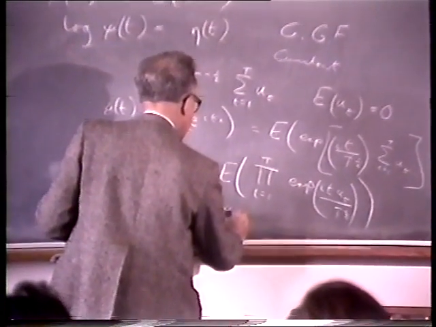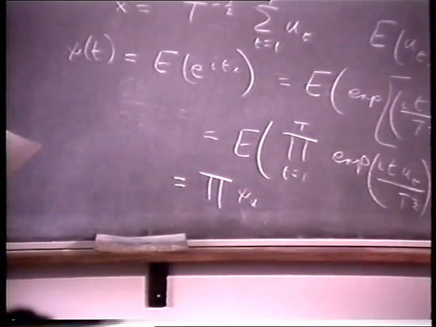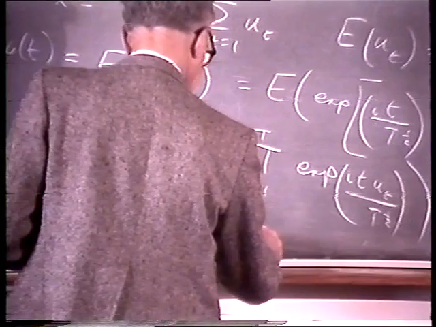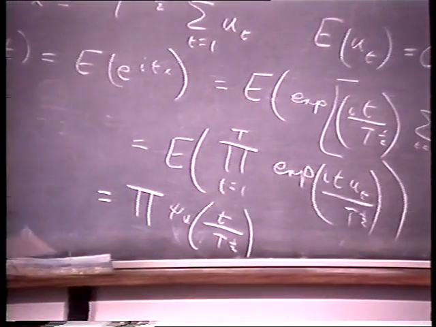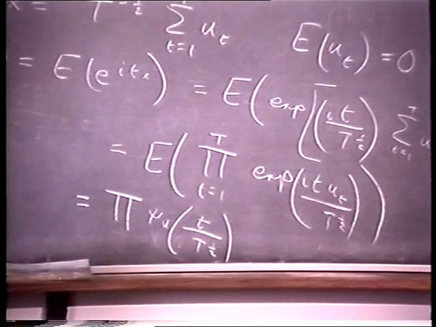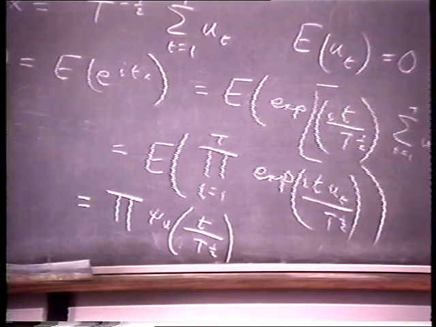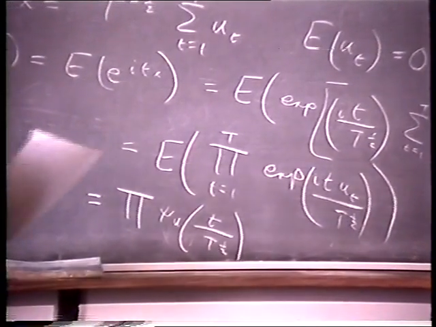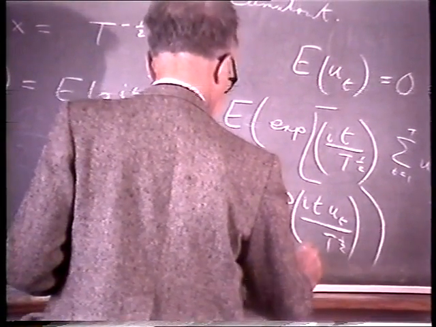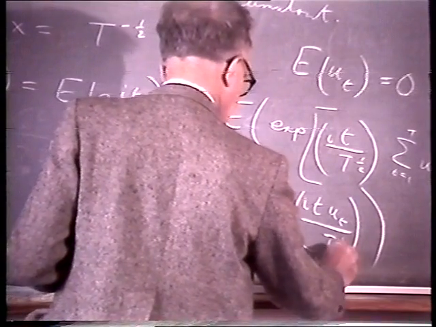I'll use psi with a suffix u to mean the characteristic function of the u_t itself, and then it's simply t upon T to the half. But you notice, of course, that this is the same in every case, and so this is just the Tth power of that. And so we can write it psi_u of t divided by T to the half, all to the power T.